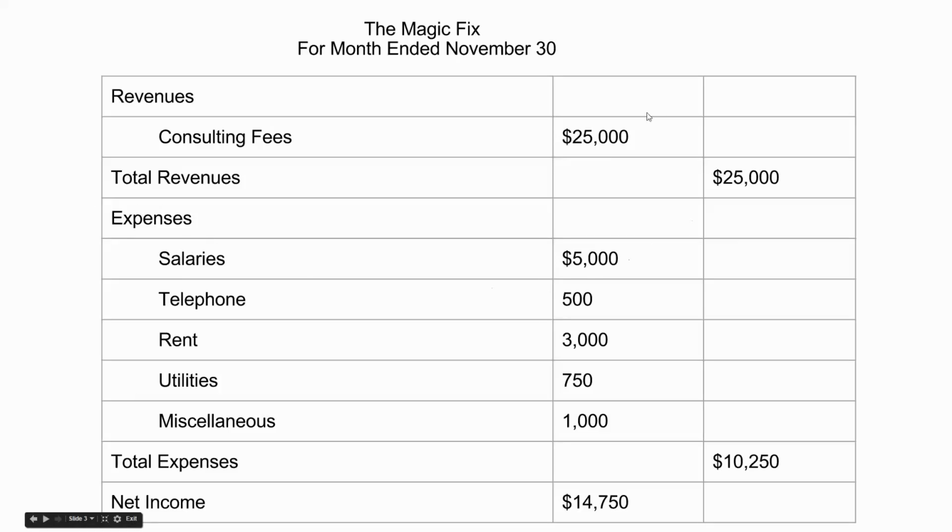Now, if we look over here at the actual dollar amounts, we can see that the $5,000 for salaries, the $500 for telephone, the $3,000 for rent, the $750 for utilities, the $1,000 for miscellaneous are in the left column compared to the total expenses, which is $10,250. It's more left than the total expenses.